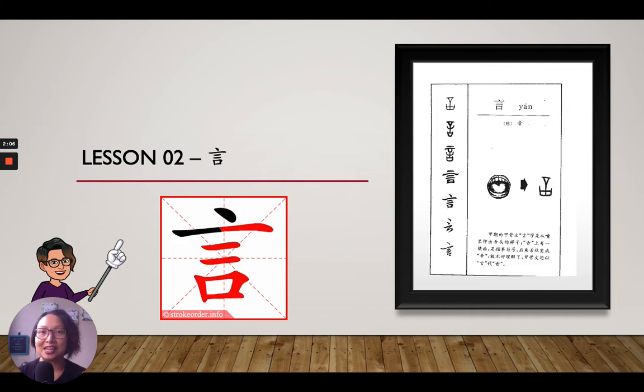So they were saying when we are making sound with our mouth, and when those sounds make sense, there is something we are trying to say. That is speech, or that is when we are talking. So this is how we slowly get the word 言 into the form we see today.